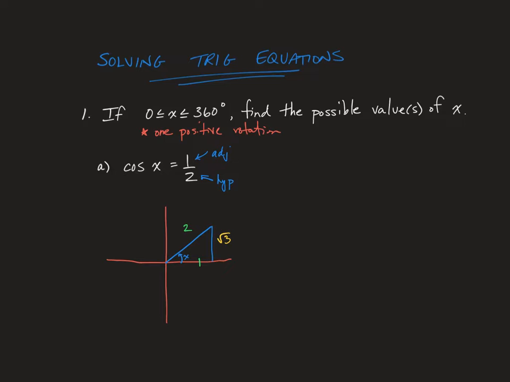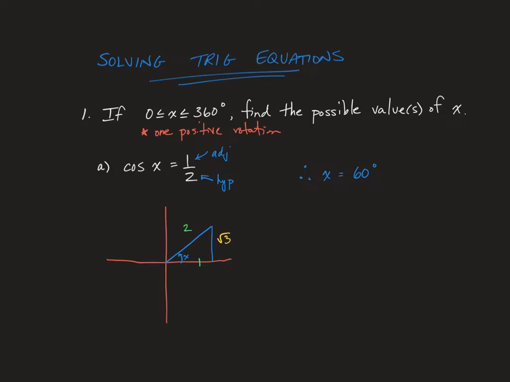I have my 1, root 3, 2 special triangle. Since my opposite side is the big side, that means that my x has to be the big angle. We could then state that therefore x would have to equal 60 degrees. So that should be pretty straightforward.